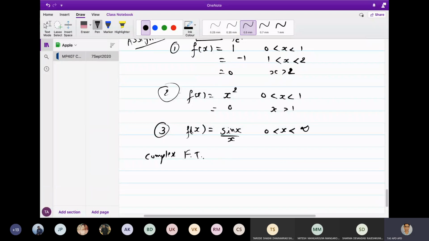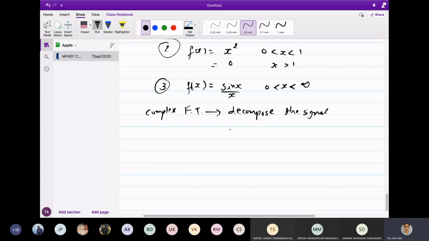So ultimately, the purpose of using this Fourier transform is to decompose the signal, and that is the purpose of using this complex Fourier transform or Fourier transform.